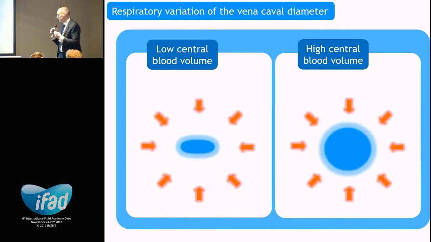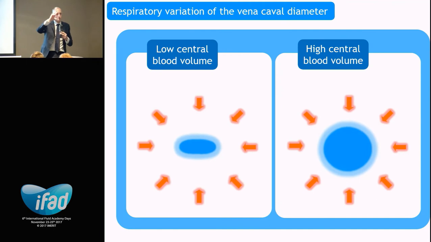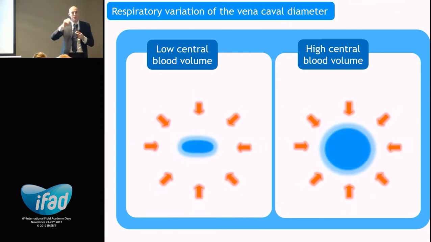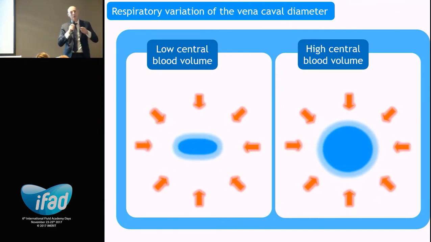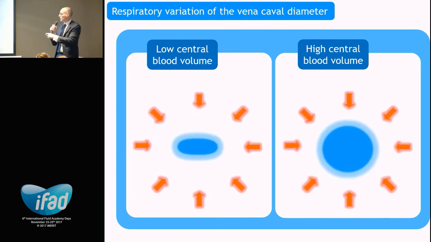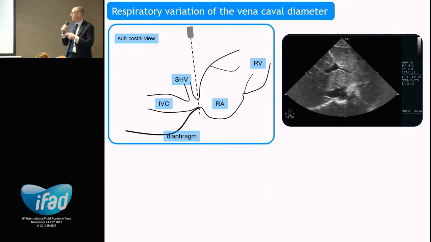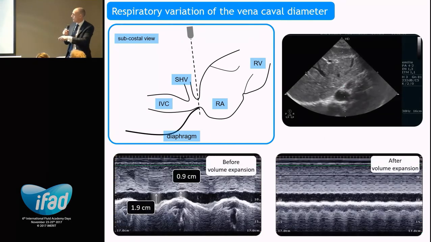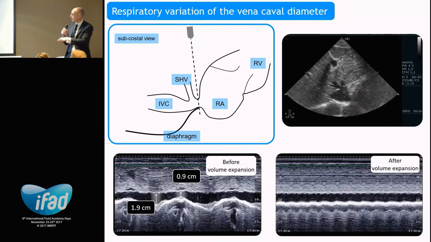By contrast, if the patient is full, ventilation will not change the diameter of the inferior or superior vena cava. And with echo, it is possible to measure that. You will see how it is possible to assess these changes in the diameter of the inferior vena cava, and with transesophageal echo of the superior vena cava.